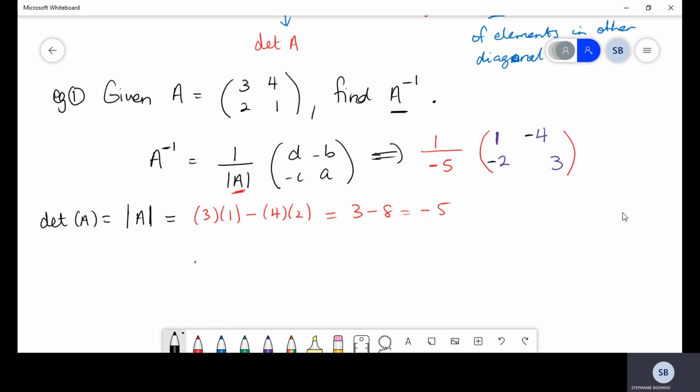We have found that A inverse is equal to 1 over negative 5 by 1, negative 4, negative 2, 3. Notice the use of curved brackets denotes that this is a matrix. If you have straight brackets, then that symbol means you are finding the determinant of something. Please do not mix them up.